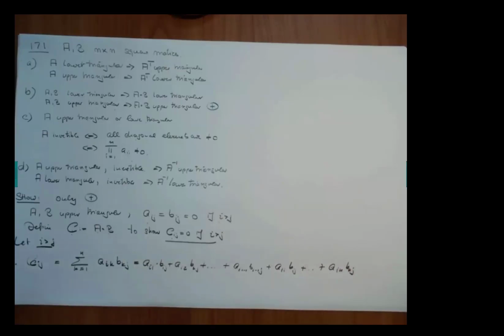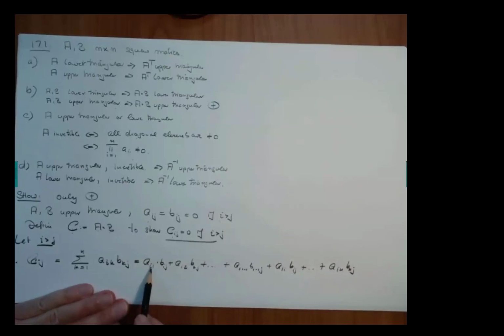So this is just written out what the sum means, with two dots here. Now we see a_i1, a_i2, a_i,i-1. When you look at all these pairs, each time the first index is larger than the second index, which means it's actually 0.